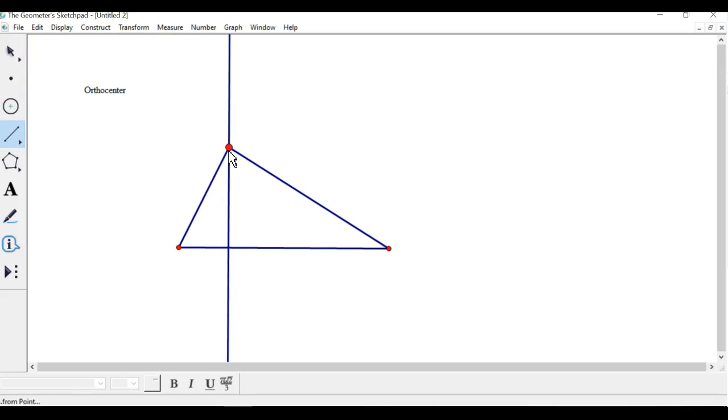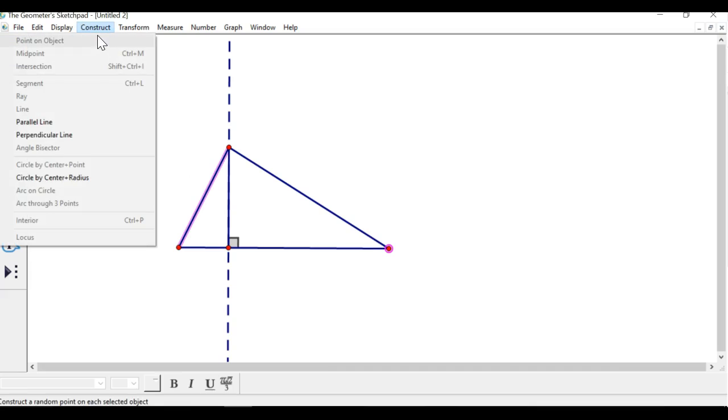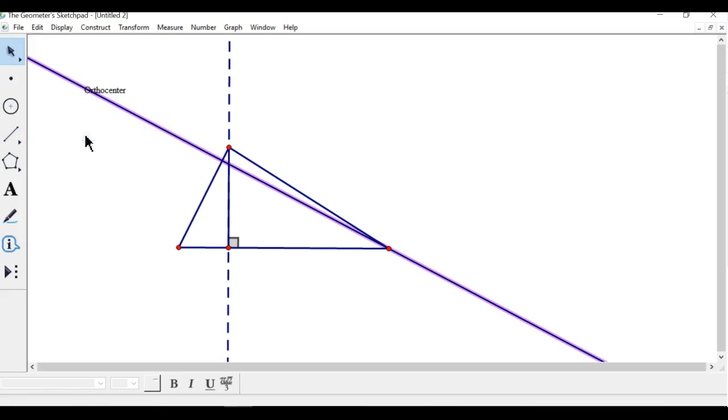Okay, so that there is an altitude. Okay. We're going to go from this point to this side, and we're going to construct a perpendicular line. Okay, and again, this one here is also an altitude.